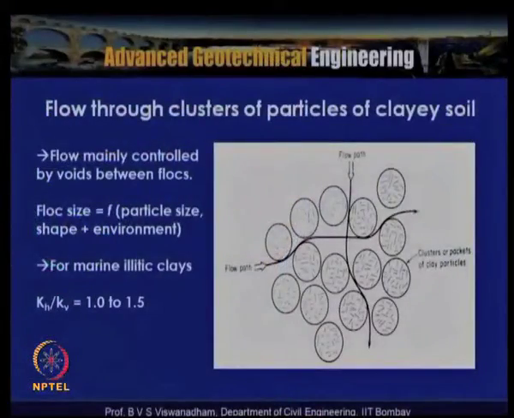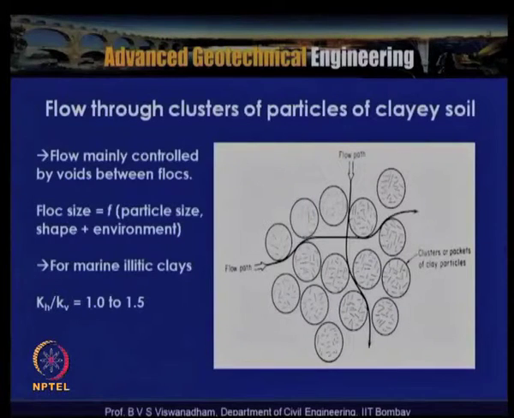In flow through clusters of particles in clay soils, flow is mainly controlled by the voids between the flocks, and the flock size is a function of the particle size, shape and the environment in which the flocks have been formed. For marine illitic clays, the ratio of Kh to Kv will be equivalent to 1 to 1.5.